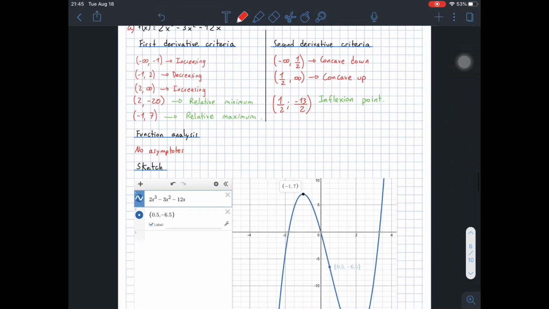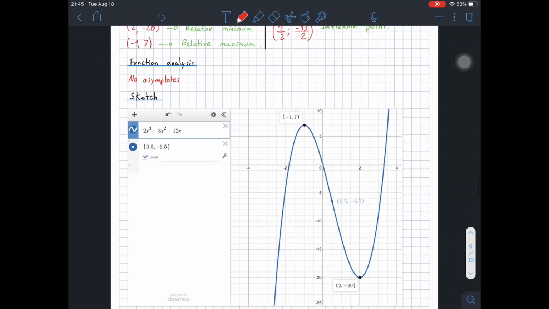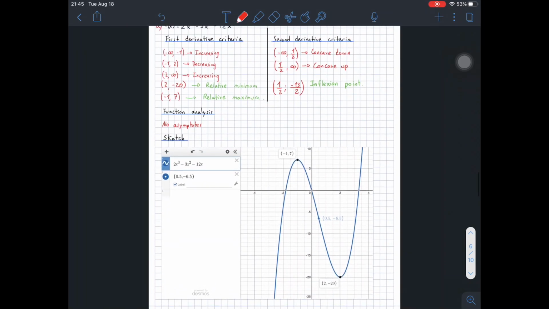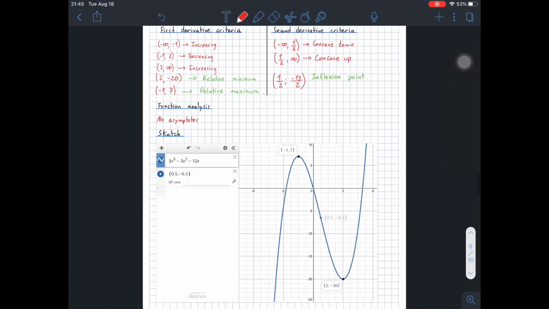Okay, so I'm going to unzoom this for a while, and this is function A. If you take a look at this function, this is how function A looks.